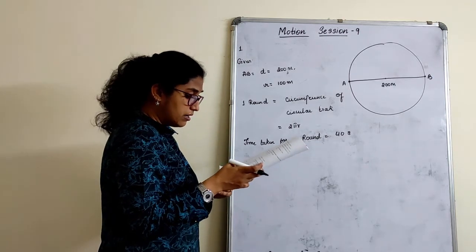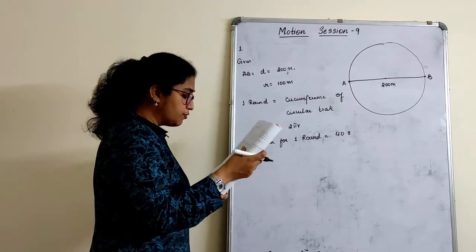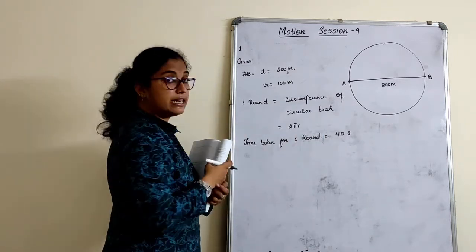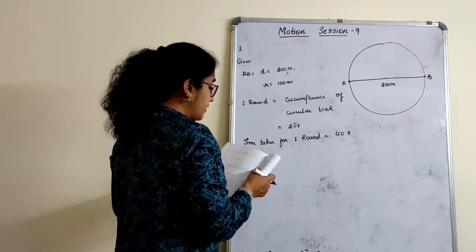Now what is the distance covered at the end of 2 minutes 20 seconds? Okay, we'll come to that later part. I hope if this much is clear, we will see further what we have to do here.